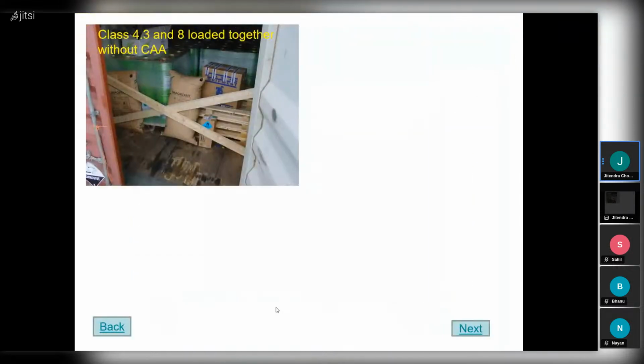These are the different examples. If you see for class 4 and 8, the container units are stored together. These are very small parcels inside a container and they are packed and lashed properly. Then they will lock this container door and seal it.